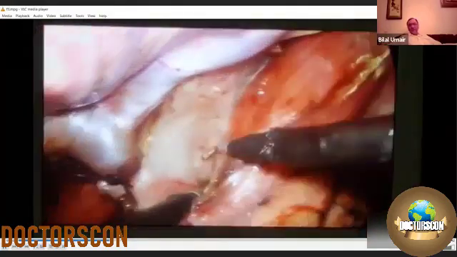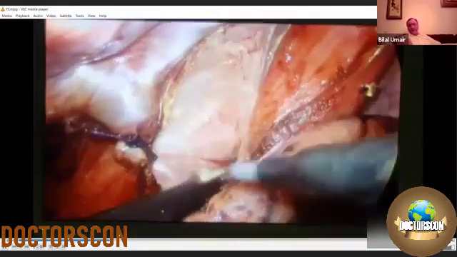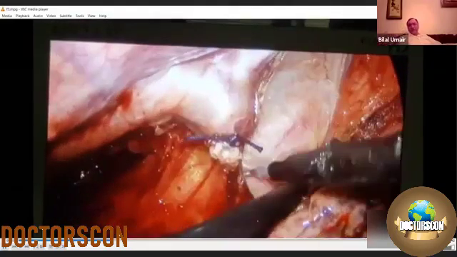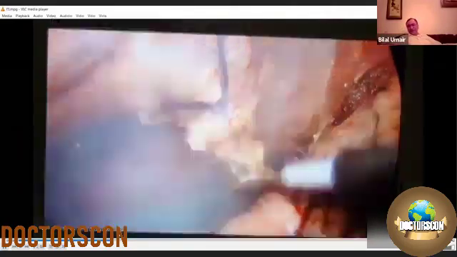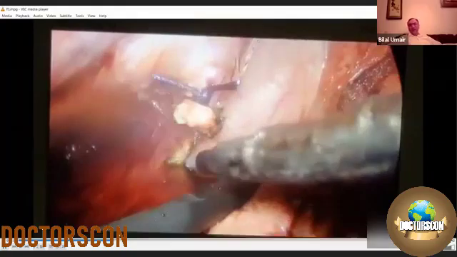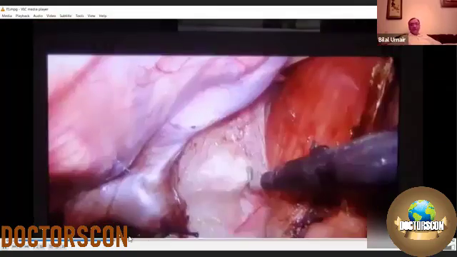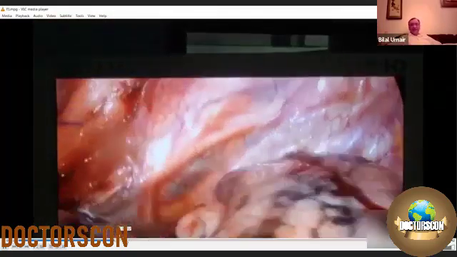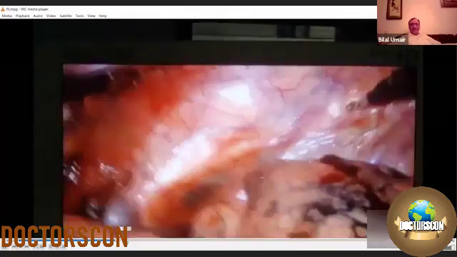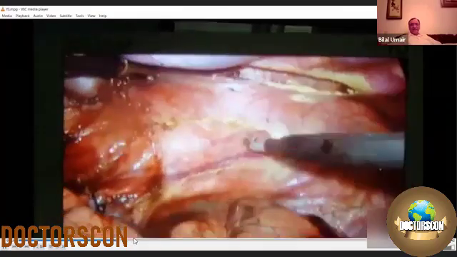So once around, the view that I would like to look at is from above downwards, because now I can see the other edge of the esophagus from this side as well. So this is behind the esophagus, the tracheal ring, upper part of the esophagus.